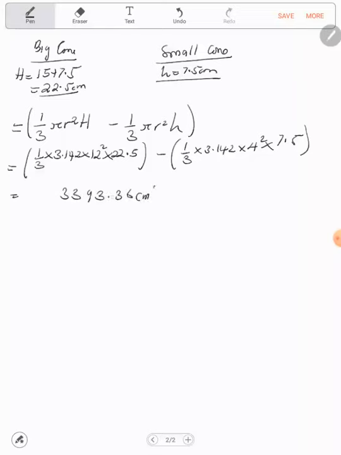Minus, for the small cone, 4 squared, which is 16, times 7.5, then times 3.142, then dividing that by 3.